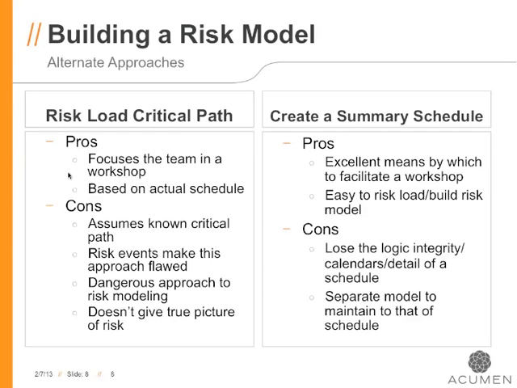Well, this approach is fundamentally flawed, because going back to my comments earlier, you don't know what the critical or near critical path is until you run your risk analysis. So by just focusing on critical, near critical activities during a risk assessment, you're most likely going to miss some of the very key activities that you're trying to categorize with regards to risk and uncertainty.